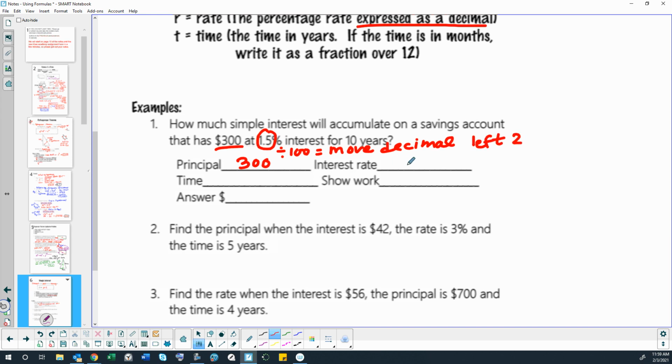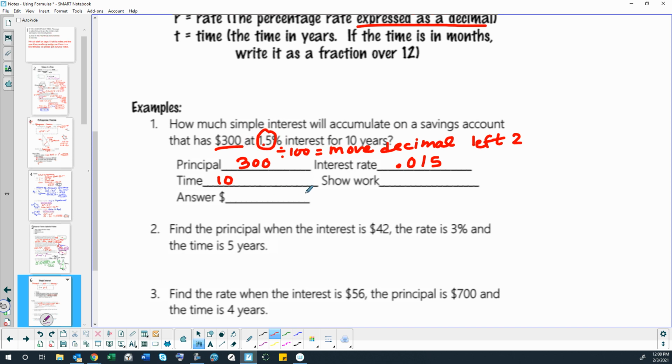So that takes our 1.5% and changes it to 0.015, because the decimal point moves from between the 1 and the 5 to 2 places before the 1. So in order for it to be 2 places, we have to put a 0 in there to hold that place. Time says for 10 years.